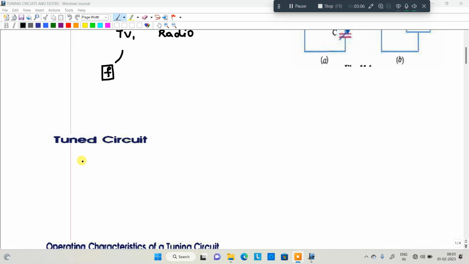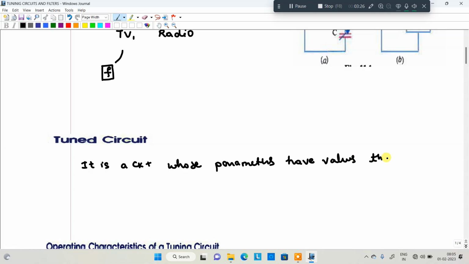A tuned circuit is a circuit whose parameters have values that make it resonant to a particular frequency.